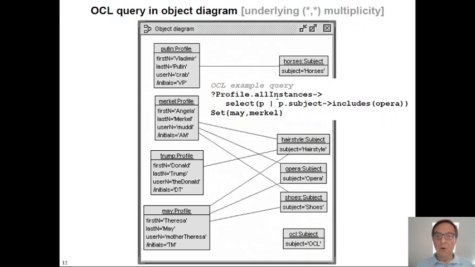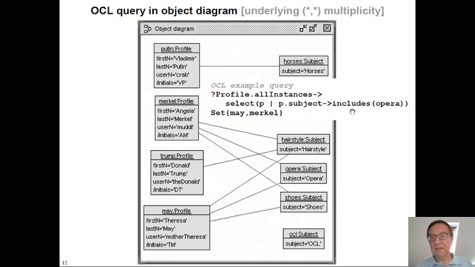We have seen before the operation allInstances applied to a class. This gives the current objects associated with the class, so the current profile objects. We have seen select before. Inside the select you formulate a predicate that the source objects must fulfill in order to be in the result of the select.